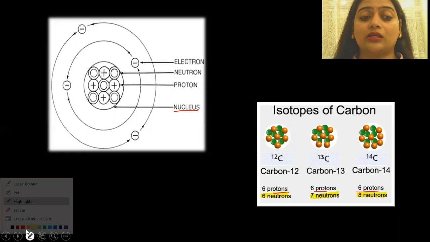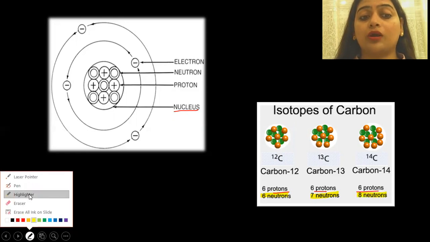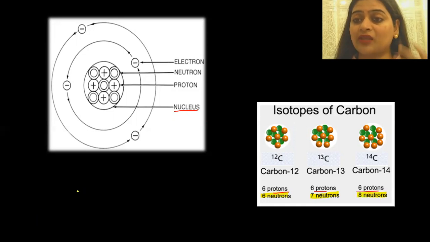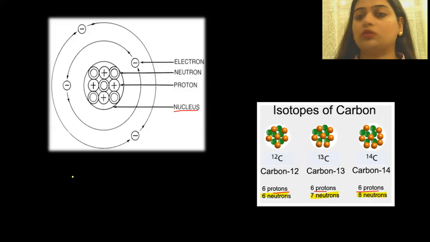So basically, if you are asked what are isotopes, I think now you can summarize that they belong to a family. They are the members of the same family of an element.